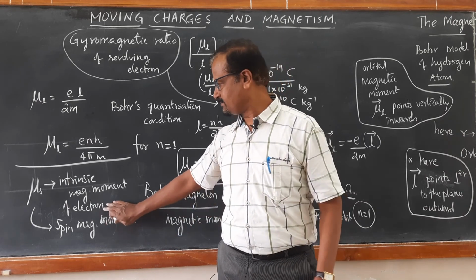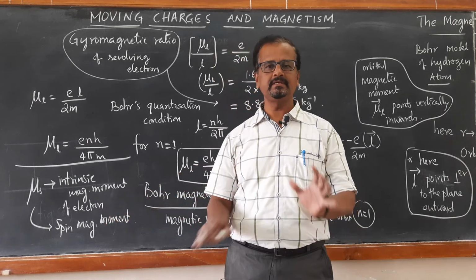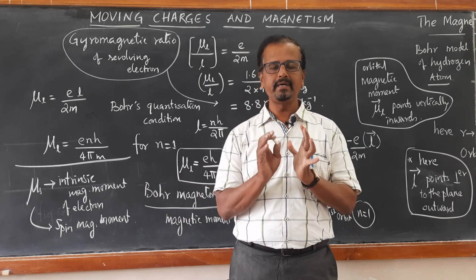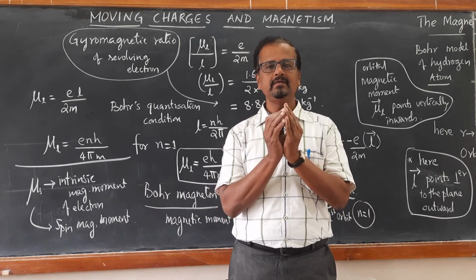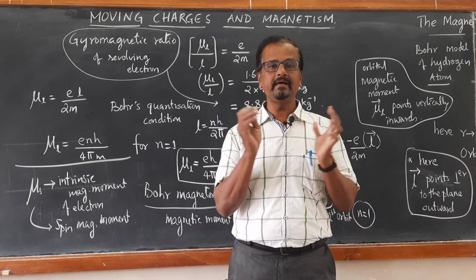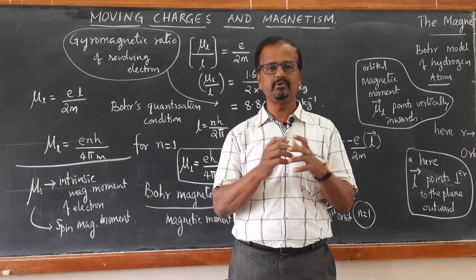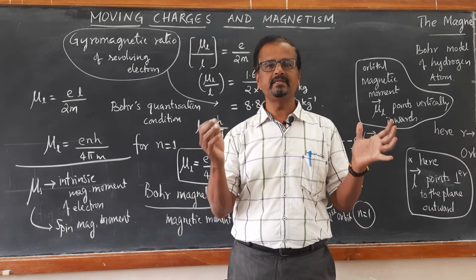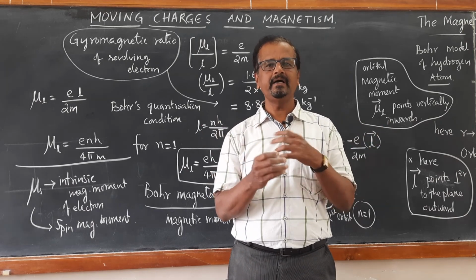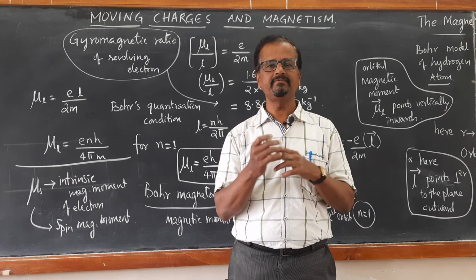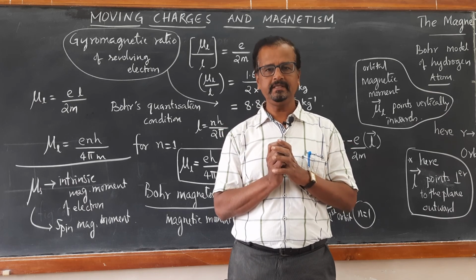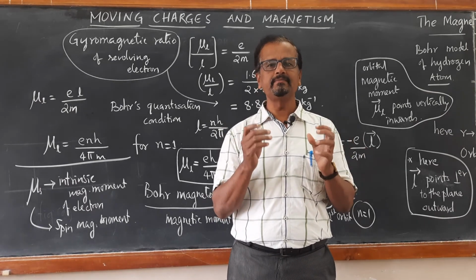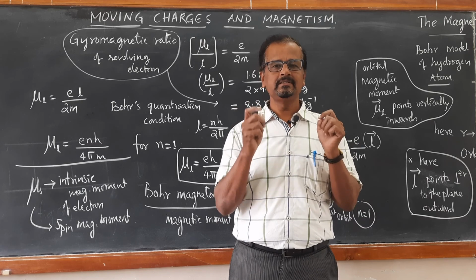So this intrinsic magnetic moment of the electron is responsible for iron-like materials possessing magnetic properties. When iron is kept in an external magnetic field, it shows the properties of magnetism.